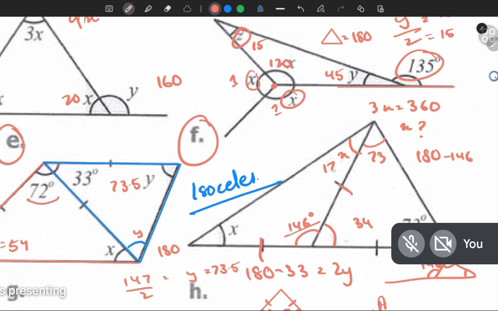Therefore, 34 is equal to 2x, which means x is equal to 17.